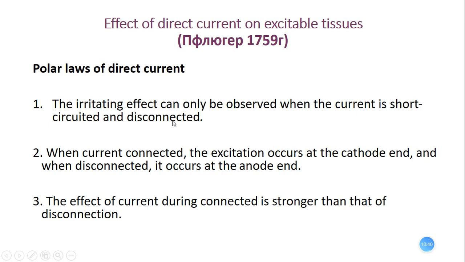The effect can only be observed when the current is connected to the direct current and then disconnected from it. When the current is connected, the excitation occurs at the cathode end, and when it is disconnected, it happens at the anode end. And again, the effect of current during connection is stronger than during disconnection.